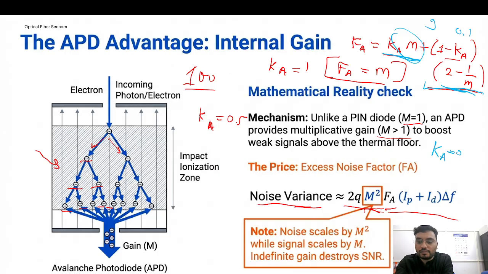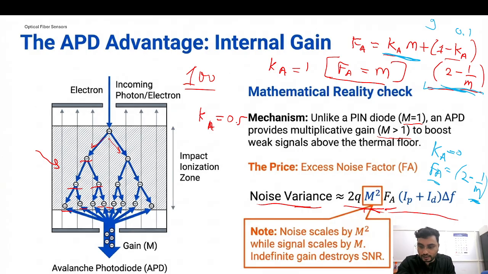This part will become 0, and Fa will be equal to 2 minus 1 upon m, and if you solve this, it will become a very high value compared to m, and if you are increasing m, then it will be decreasing.